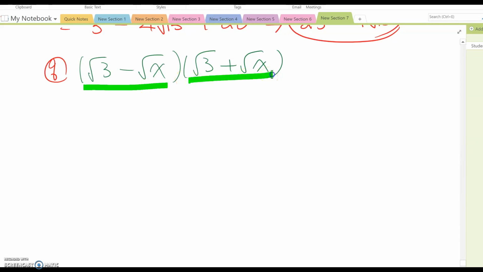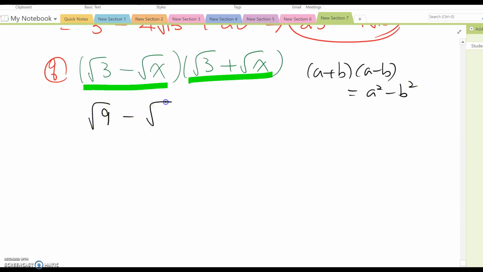As you see there, it's a conjugate case, so you can apply this property. Therefore, this becomes root 9 minus root x squared, which means 3 minus x. That will be the answer for this problem.